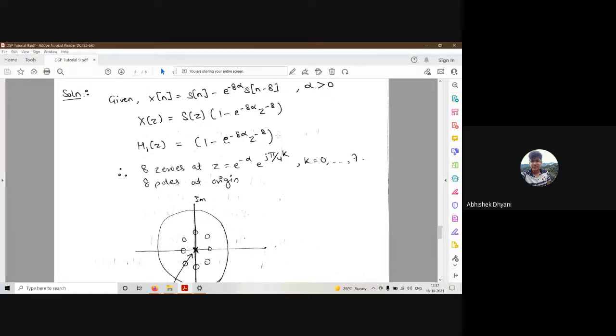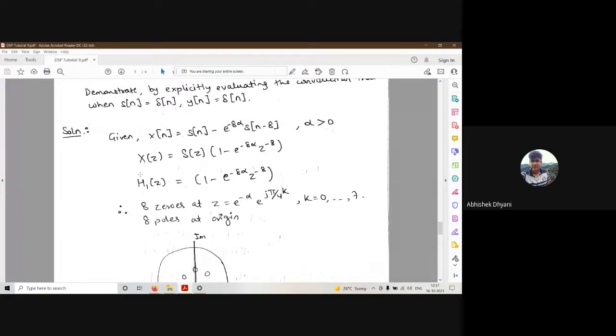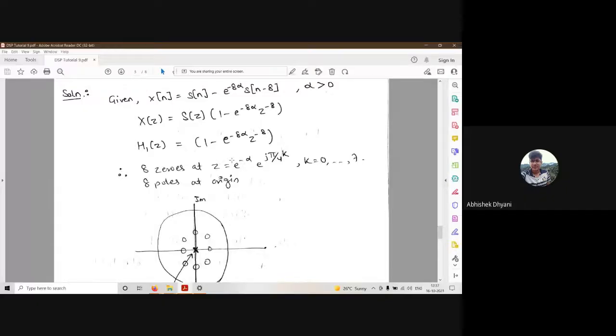Basically, because we have this h1 of z, we assume that the number of poles is equal to the number of zeros. Obviously there is no denominator here, but there must be 8 poles. So in that case we assume that the poles are at z equal to 0.